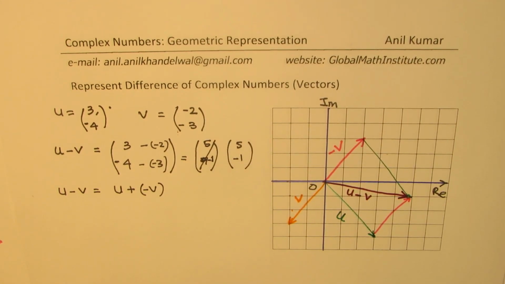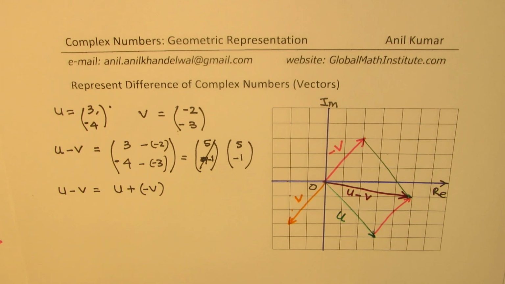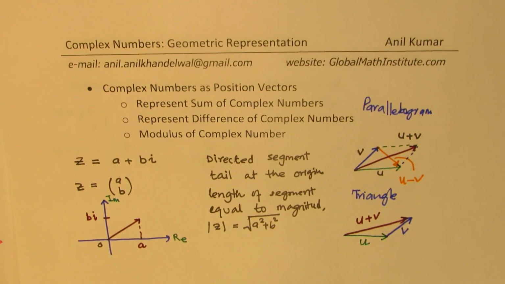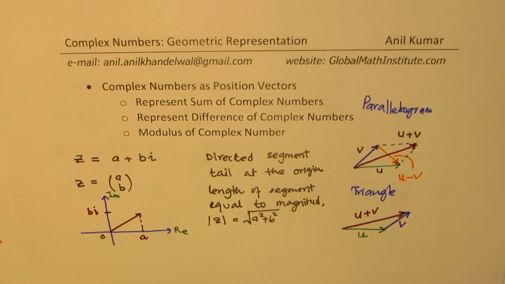So that is how you would actually subtract the two vectors. So with this we come to an end of learning how to add and subtract complex numbers using position vectors. Perfect. I hope that makes sense.